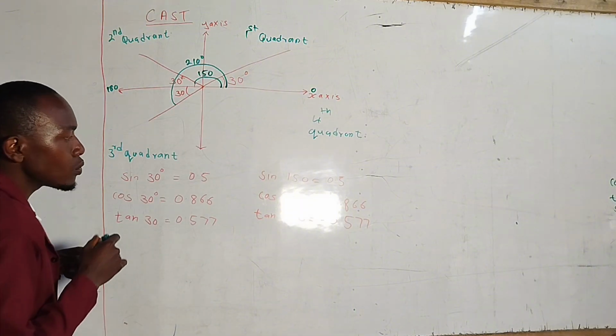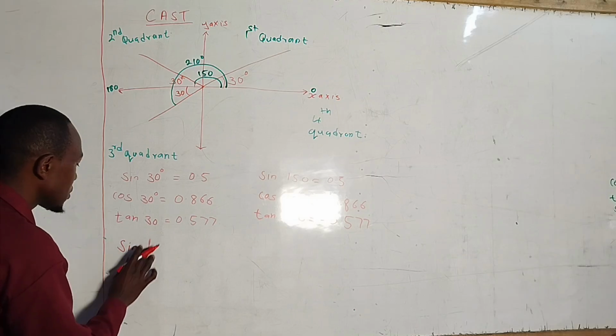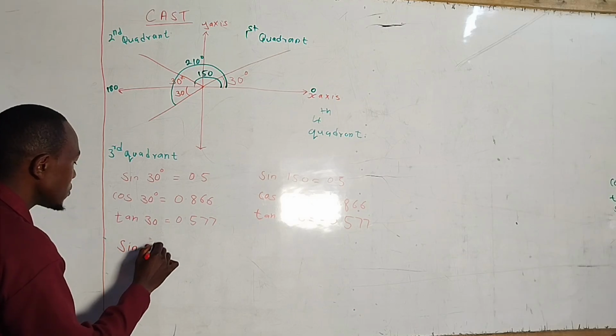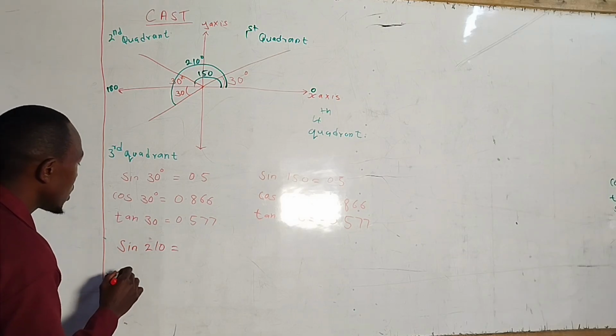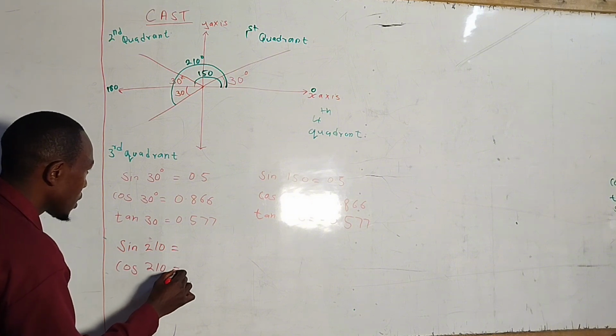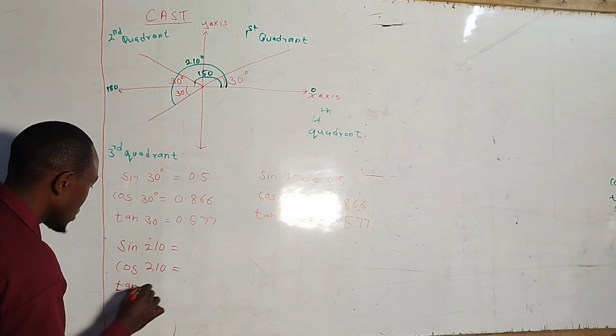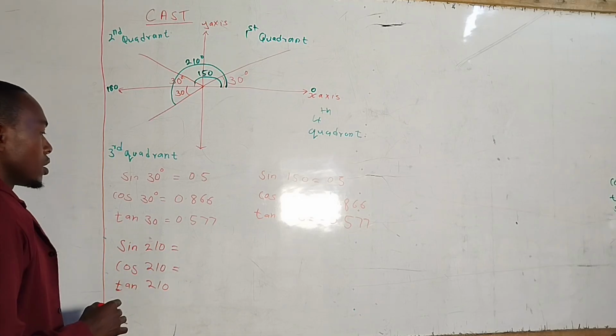So that in the third quadrant, I'll be talking about sine 210, cos 210, and then tan 210.